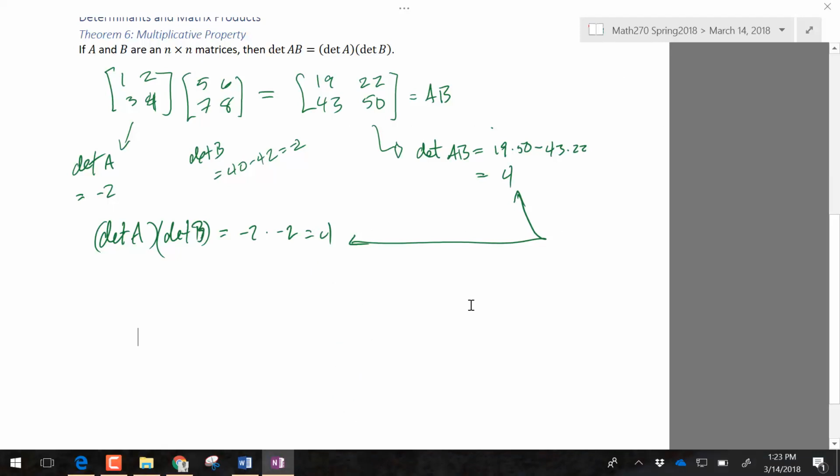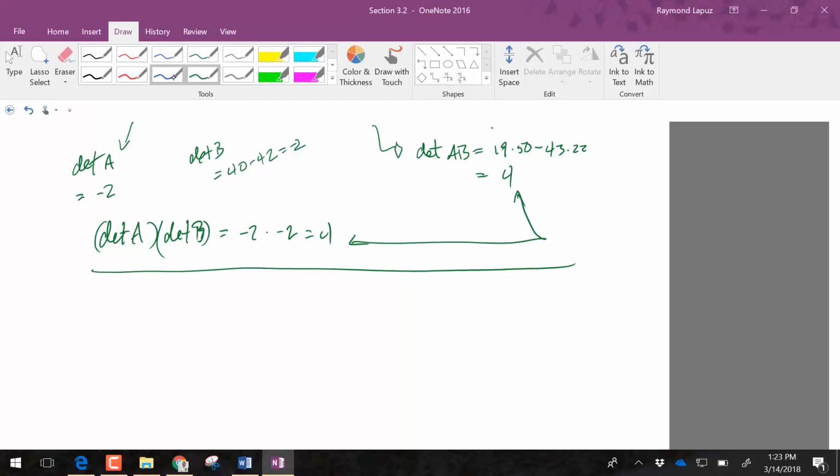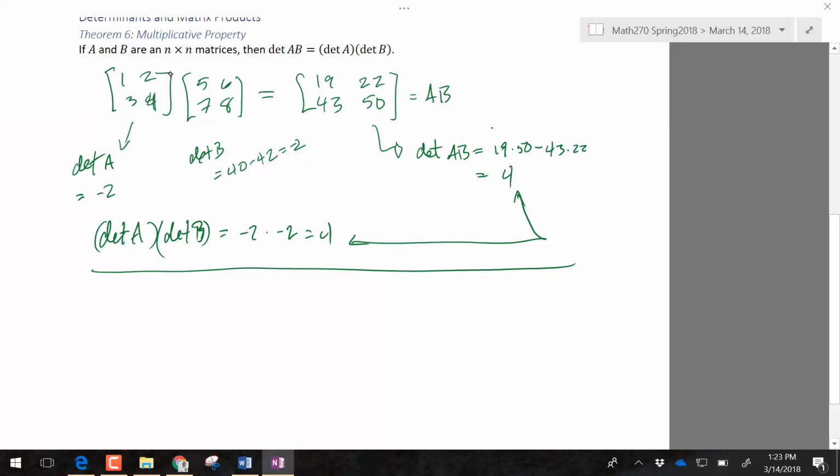Okay. So why is this useful? Let's take a look at why this might be useful. Well, it's useful in a lot of different ways, but if we have some idea about the determinants of the elementary matrices, and some ideas about what the determinants of products of matrices are, then we can do some row reducing and find a determinant that way.